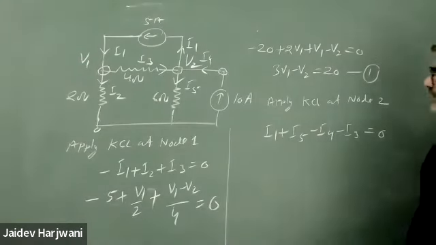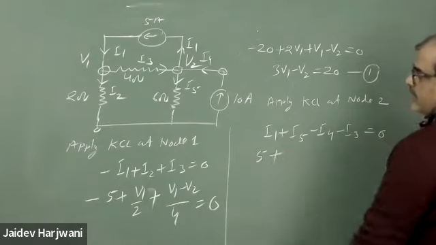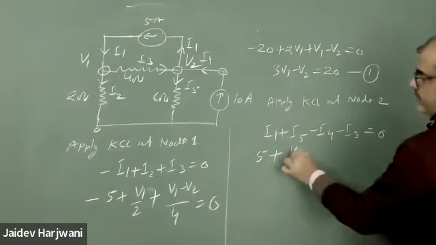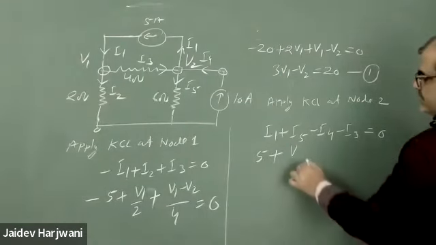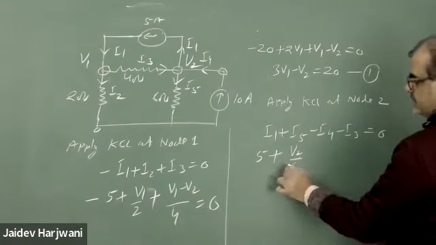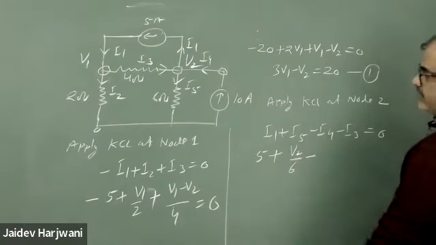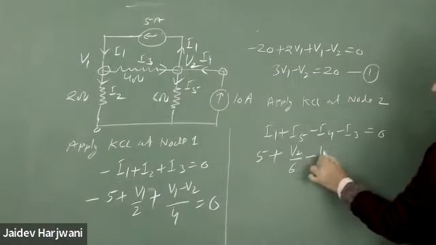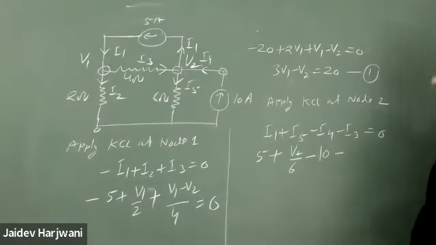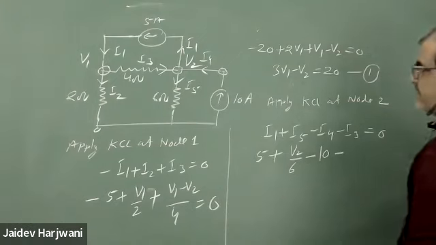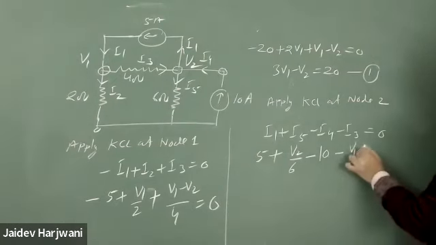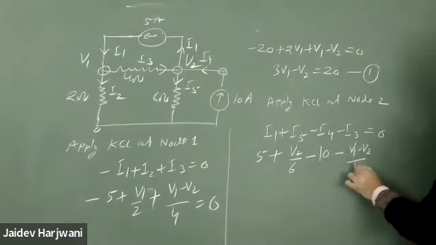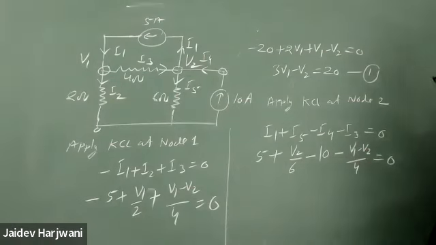Now I1 is 5 ampere, I5 is V2 minus 0 upon 6. I4 is incoming, so this is minus 10 ampere, and I3 is V1 minus V2 upon 4. Okay, so solve this equation.